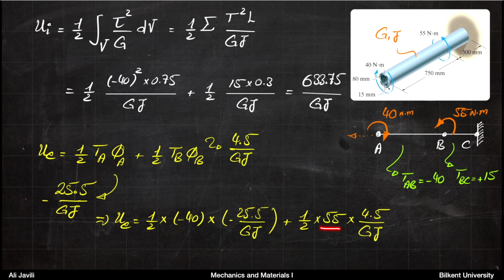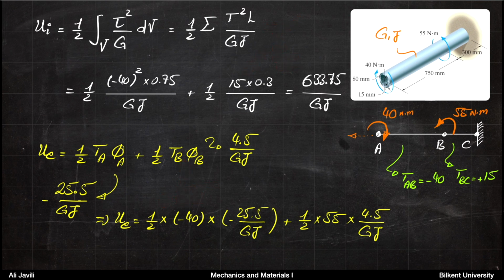And now here you have TB, it's 55. So pay attention. Here you talk about TB itself, which is 55, and it's plus 55 as we discussed. Previously, when you use this formula, the T that you have here is the internal torque from B to C, which was 15.